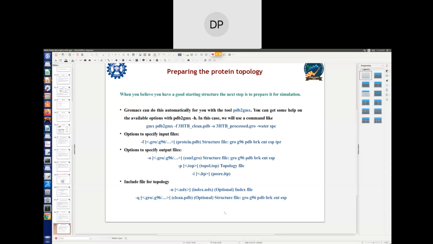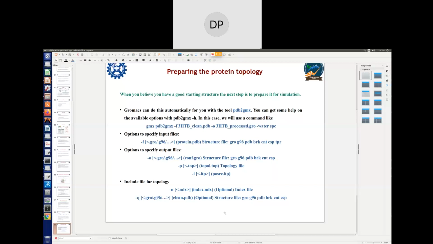Preparing the protein topology: when you believe you have a good starting structure, the next step is to prepare it for simulation. GROMACS can do it automatically for you with the tool pdb2gmx. You can get help on the available options with the flag -h. The command is gmx pdb2gmx with flag -f, the input, in the form of a PDB, then the output, and -water spc, which is the water model you want to use in this simulation.